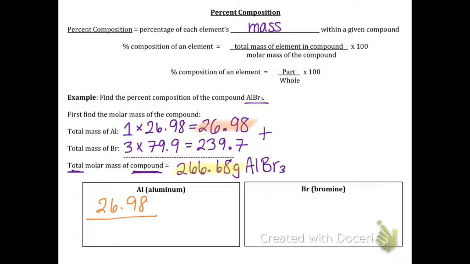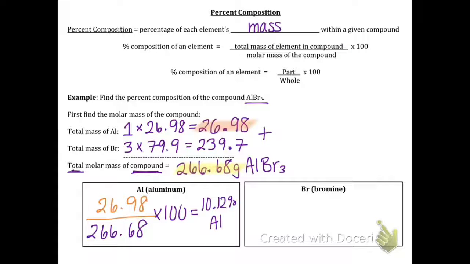The total was 266.68. I need to multiply by 100 to get a percent. So go ahead and do that on your calculator. 26.98 divided by 266.68 times 100 should give us 10.12% aluminum.